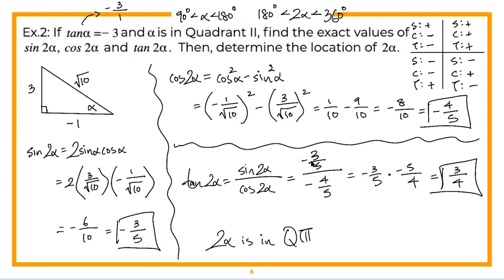Very nice. Okay, so 2 alpha is in quadrant 3, and we can say because sine and cosine are negative and tangent is positive. And that matches with what we did in our pre-thinking. Okay?